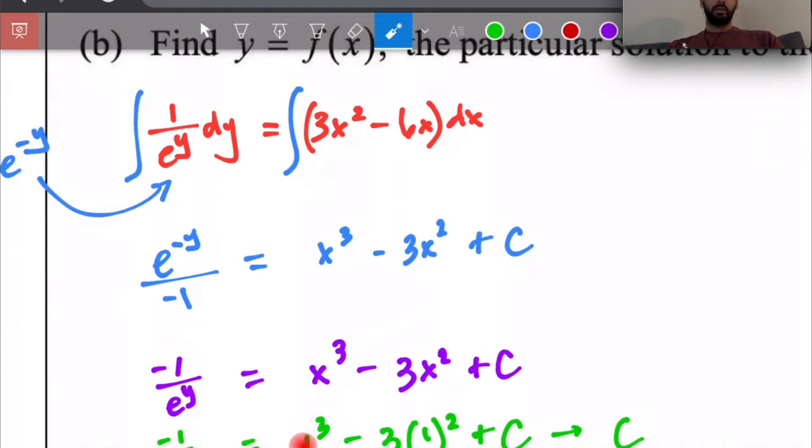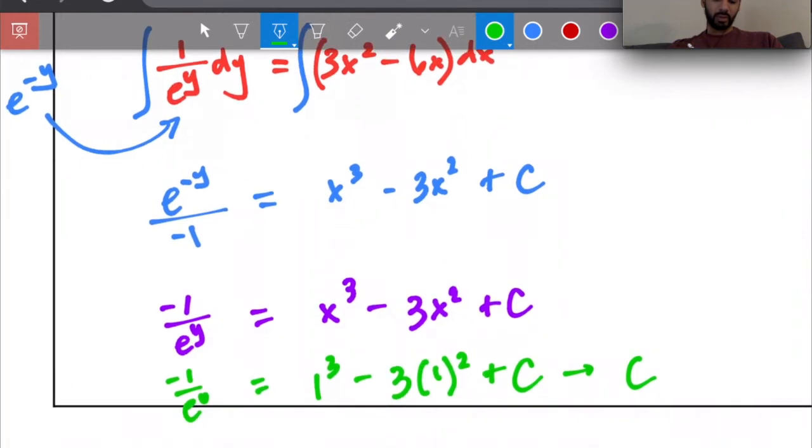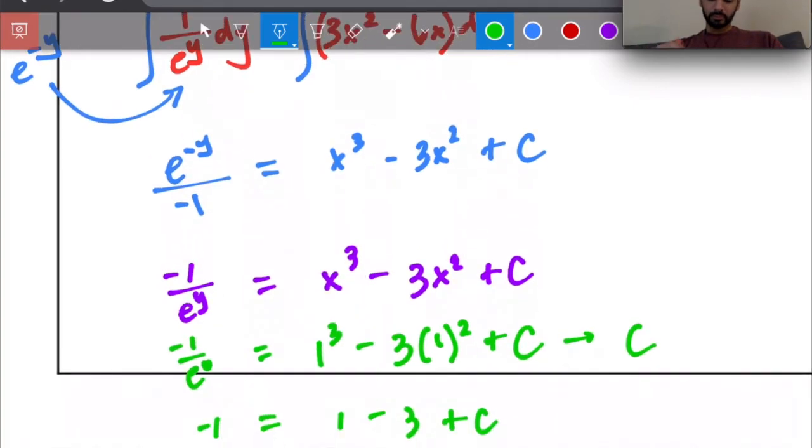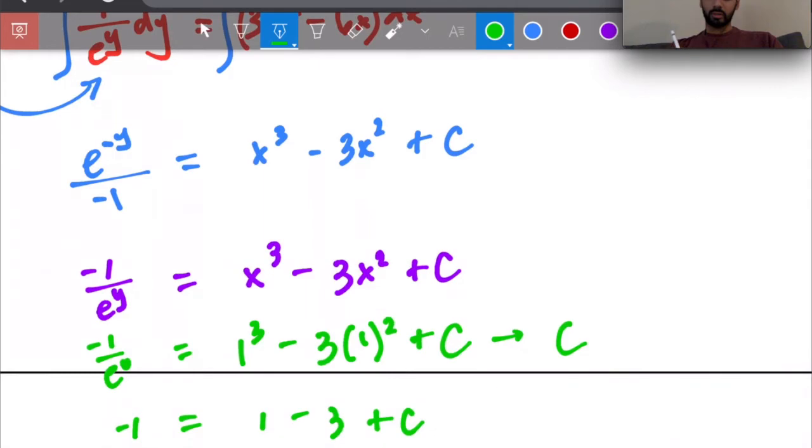And then I got 1 minus 3, so let me write this equation right here, negative 1 equals 1 minus 3 plus c, negative 2, negative 1. So c is going to be equal to positive 1.